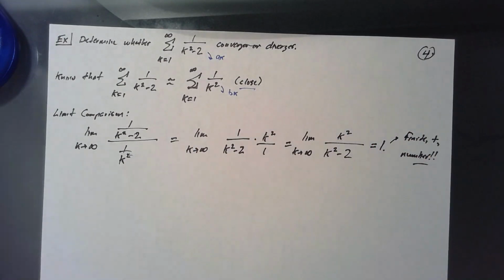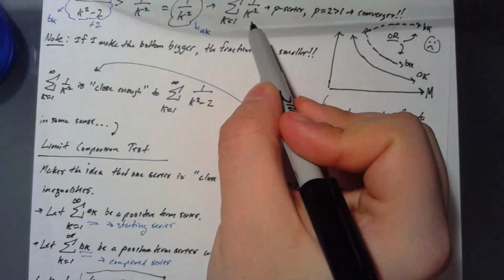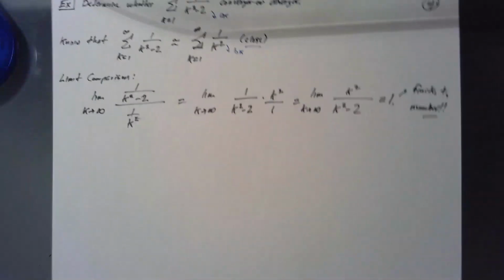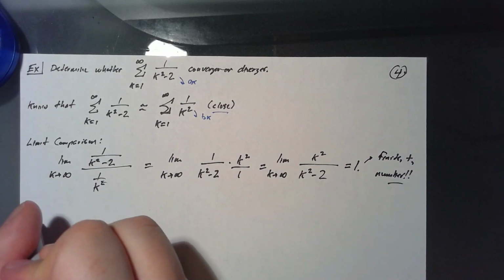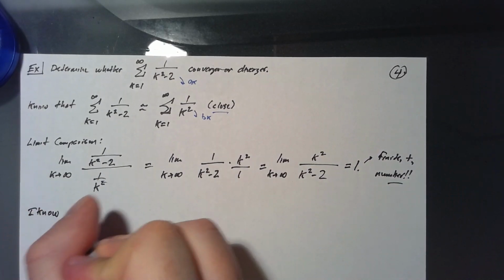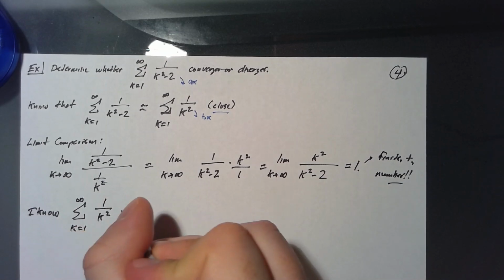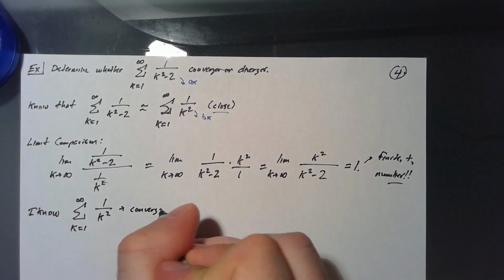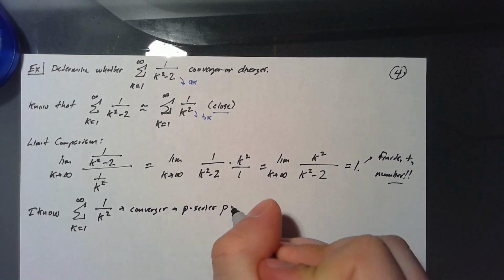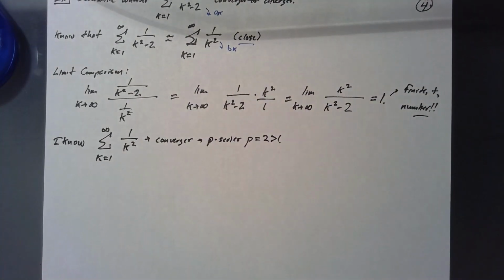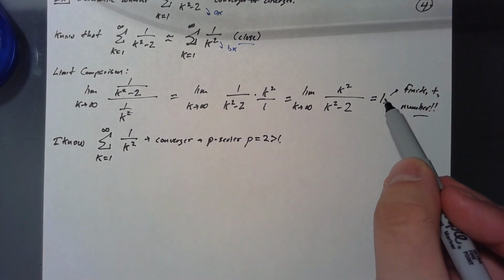This is a p-series, which converges. The limit of their ratio was a finite positive number.